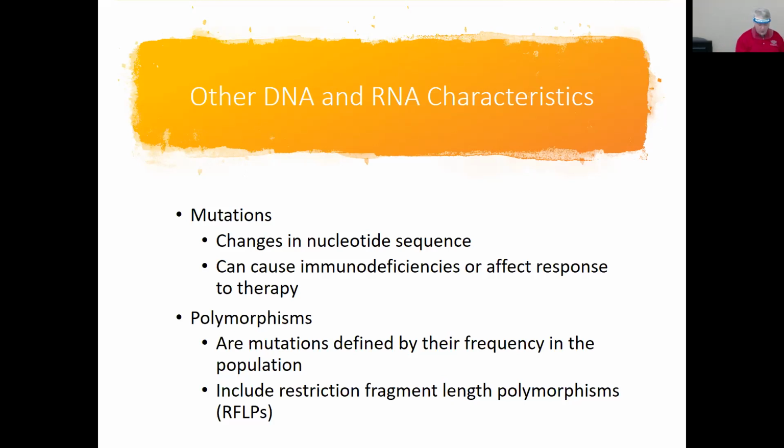But that is one of the words, the little abbreviations I wanted to make sure you had at least what it meant, maybe not what it does or what it results in, but maybe just know this: restriction fragment length polymorphisms. We can get some polymorphisms or mutations that are defined by the frequency in a population.